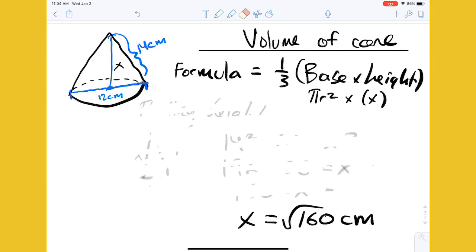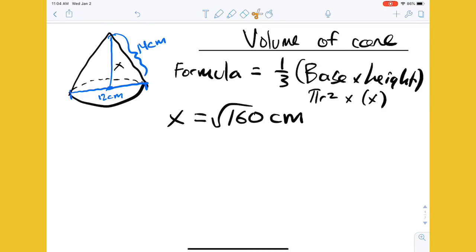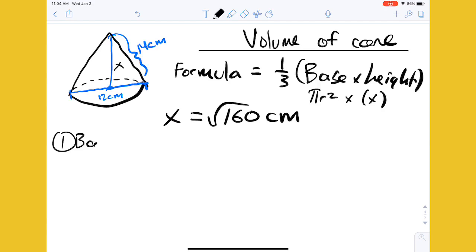Let's erase all this. Bring this information up, because we will need that. x equals the square root of 160 centimeters, and then we just follow our formula. So base pi radius is 6, so 36 pi is our base.